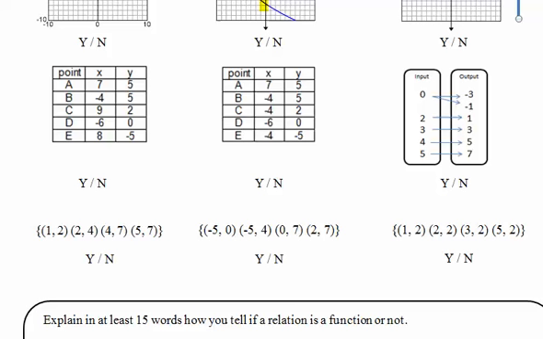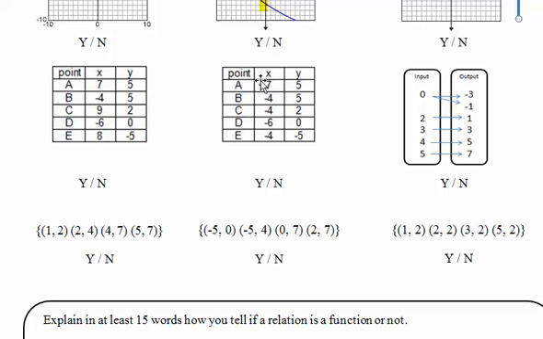On the tables or the graph, the mapping or the set of ordered pairs, what you're looking for is a value of x that repeats, that has a different y value than it had before. So on all these, the x's are all different, so no x repeats, so that is a function.